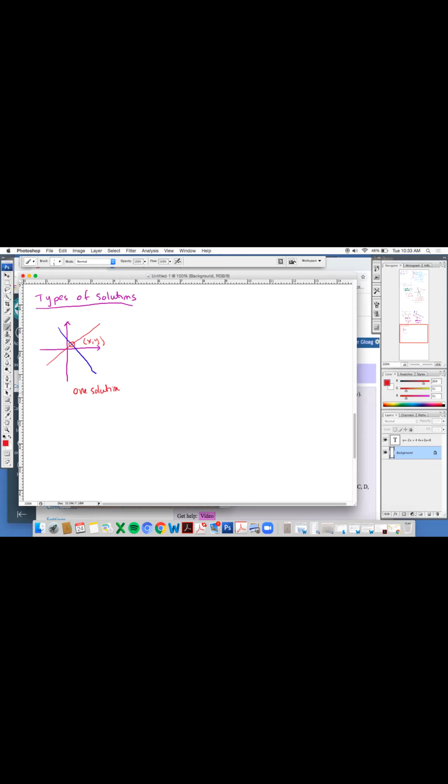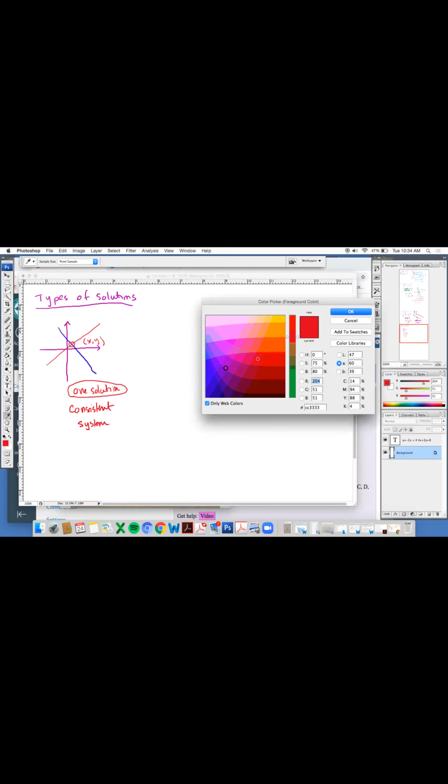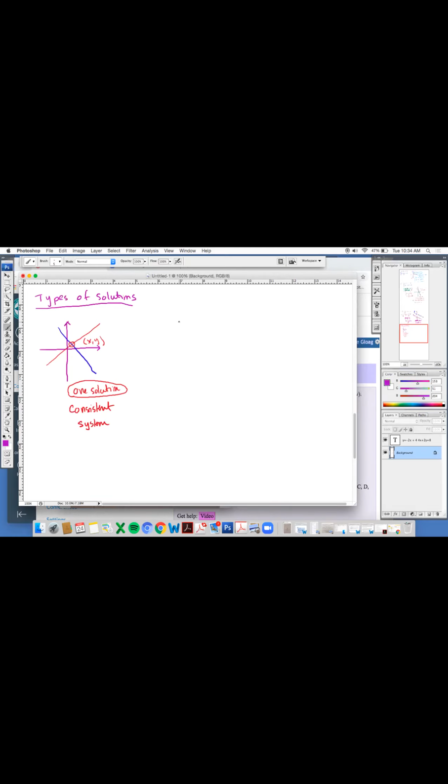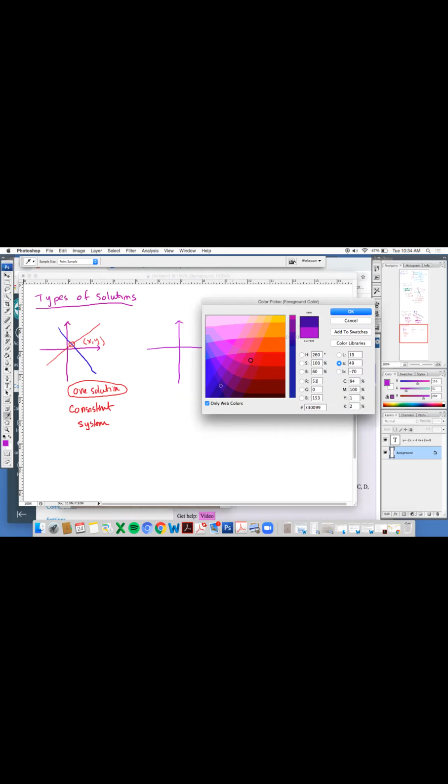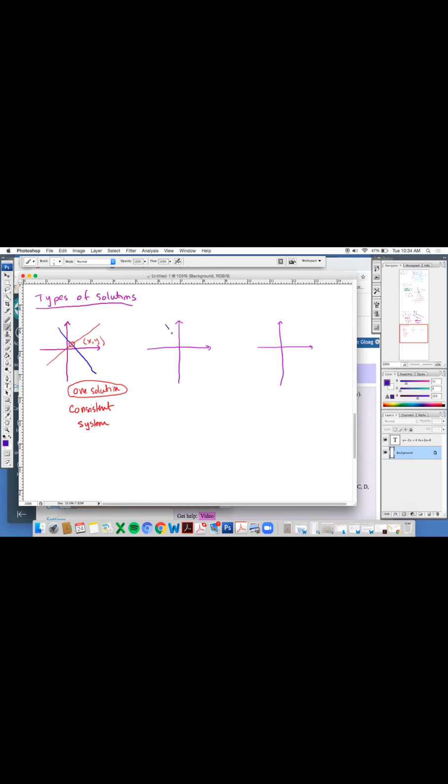Okay, so this type of system has a name. It's called consistent. So it's a consistent system with 1 solution. Consistent in math means that you get a solution, that it's solvable. On the second type that we saw, the two lines were right on top of each other.